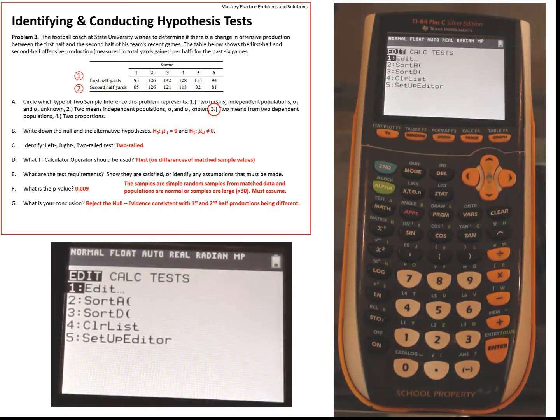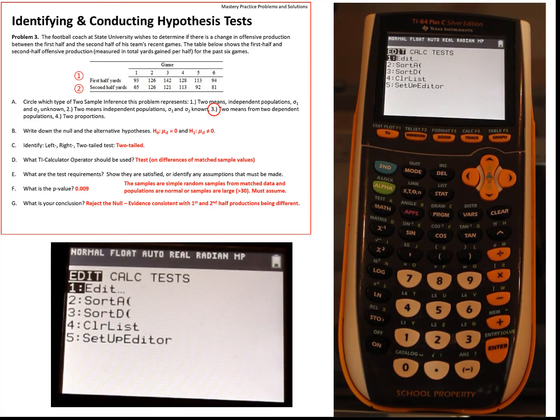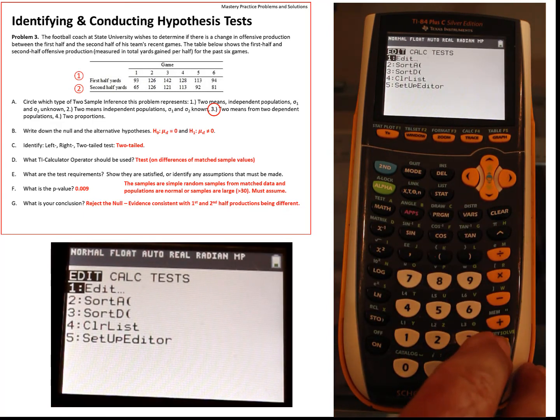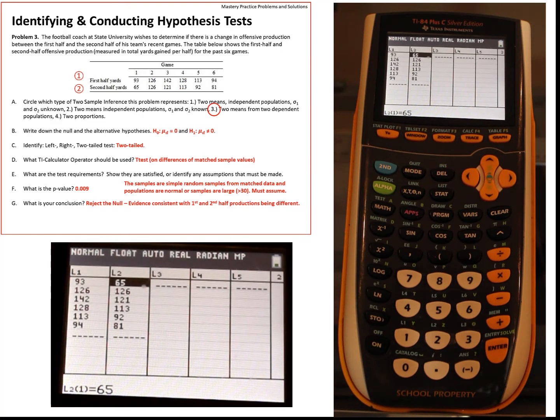Okay, so let's take on problem 3 here. The first thing you have to do is find those differences, and that's a step that you don't have in the other types of hypothesis test problems. So in this case, let's just go to edit, and you can see that I've saved you seeing all the sausage being made because I've entered the data.